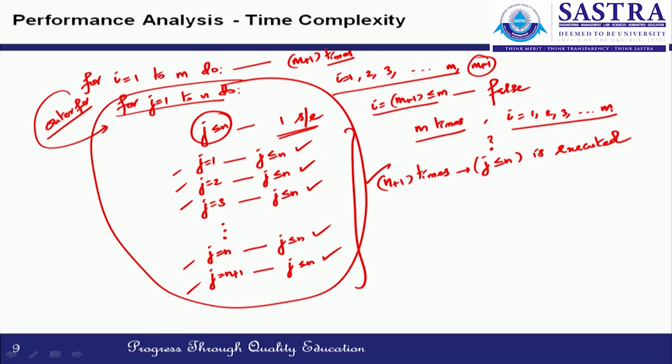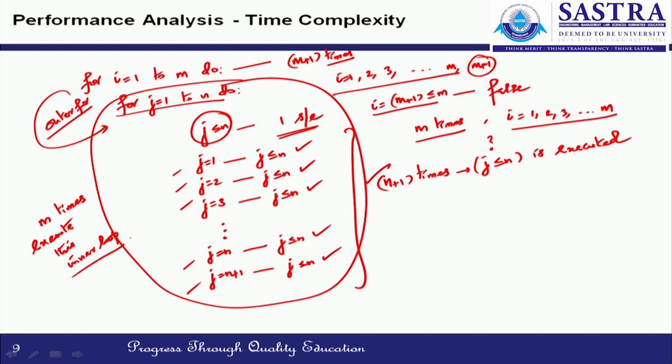So, the part of outer for is executed for m times, to execute this inner loop. So, the logical concept is: execute the inner loop m times.